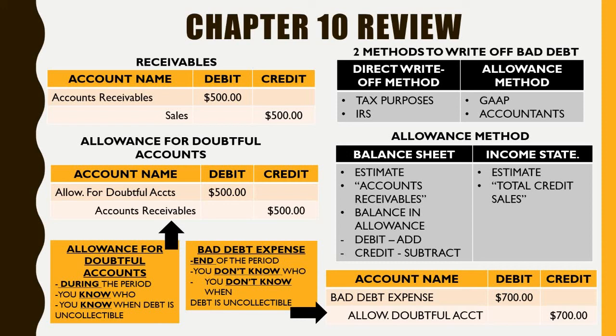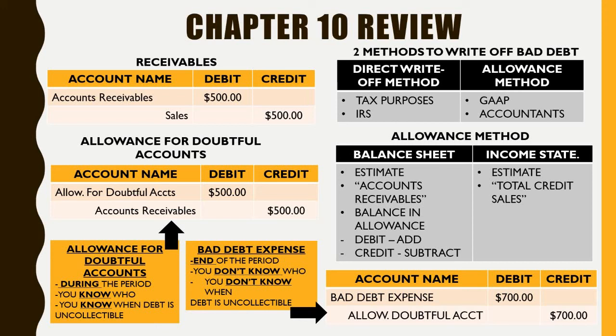You know exactly who, how much, and when, right? So you're going to create the contra account so you can use it as a placeholder, because the one thing you need to know here is that you could potentially get that money back. They could pay you back. But if you are sure and it's the end of the year, that's where we go ahead and make our adjustment for the bad debt expense.